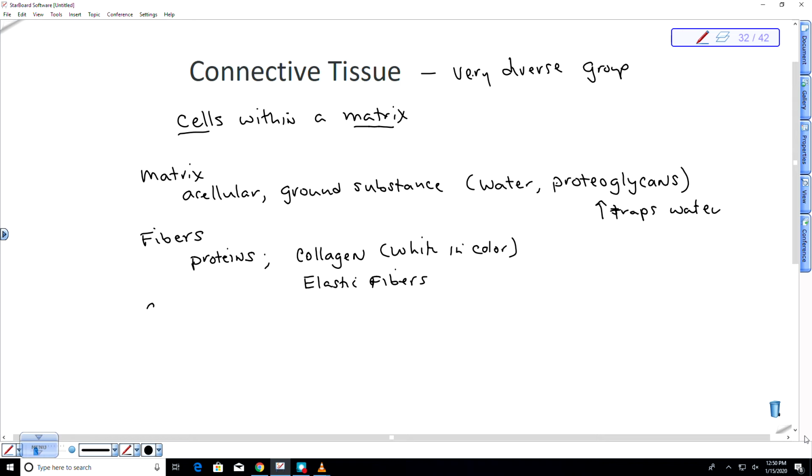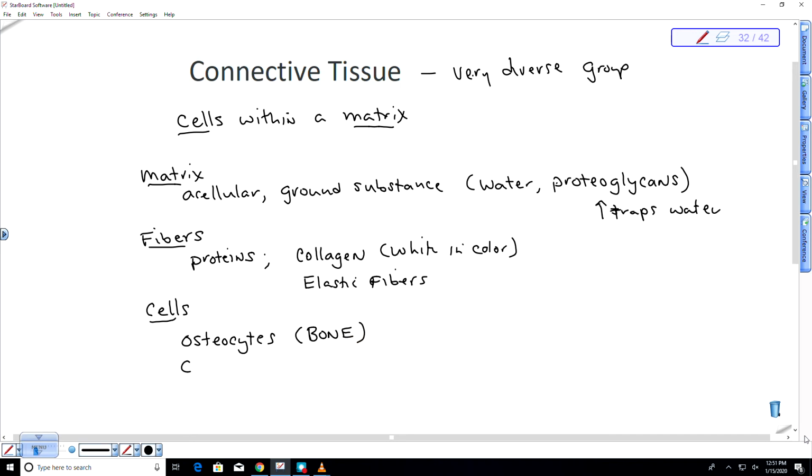Then we have the cells. And the cells are generally named according to what they are found in. So, for example, we can talk about osteocytes. Where do you think osteocytes are found? In the bone. So osteo, like osteoarthritis, means bone.